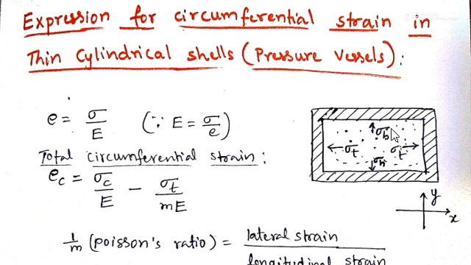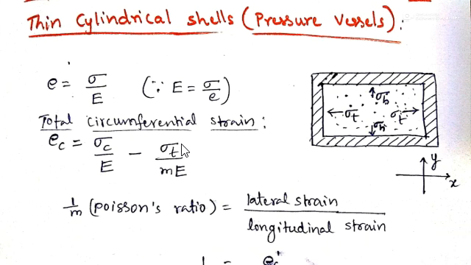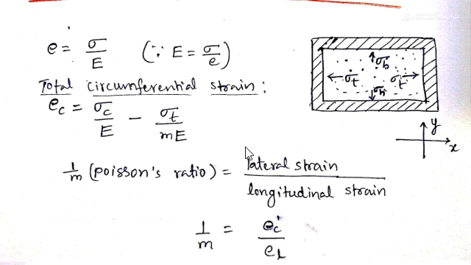The stress acting in the diameter direction produces positive strain, and the stress acting lengthwise produces negative strain. So to get the actual total circumferential strain, we remove this term. Let us see how we can do that.